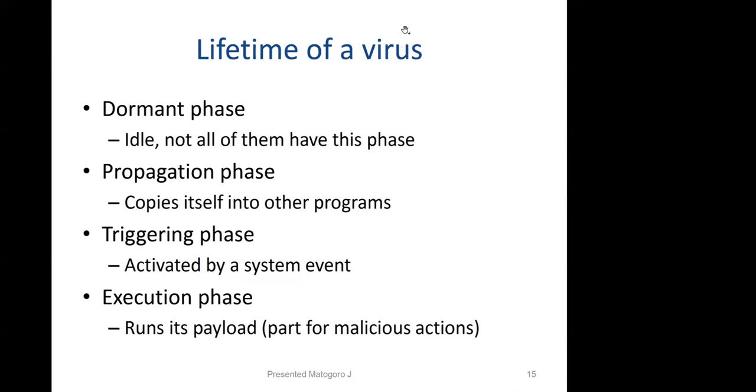And it can have an execution phase. This runs its payload, the malicious action. So the lifetime of a virus can be in different phases: dormant, propagation, triggering, and execution.